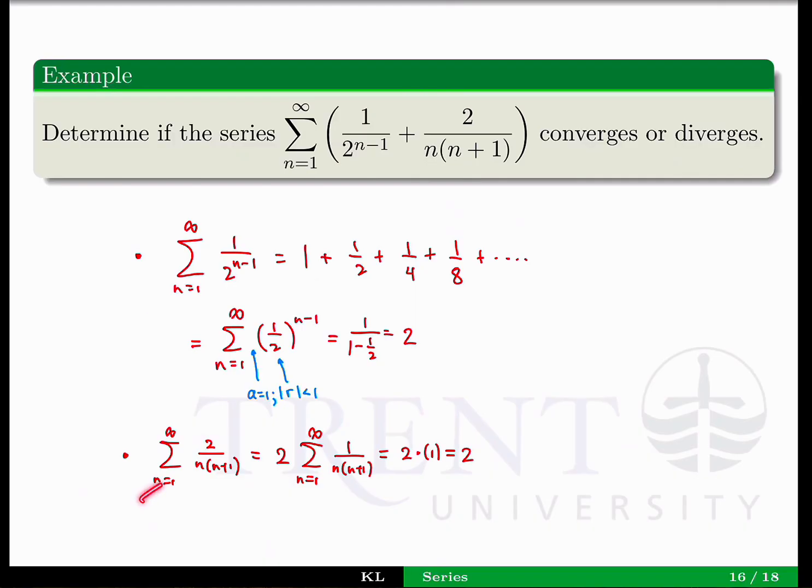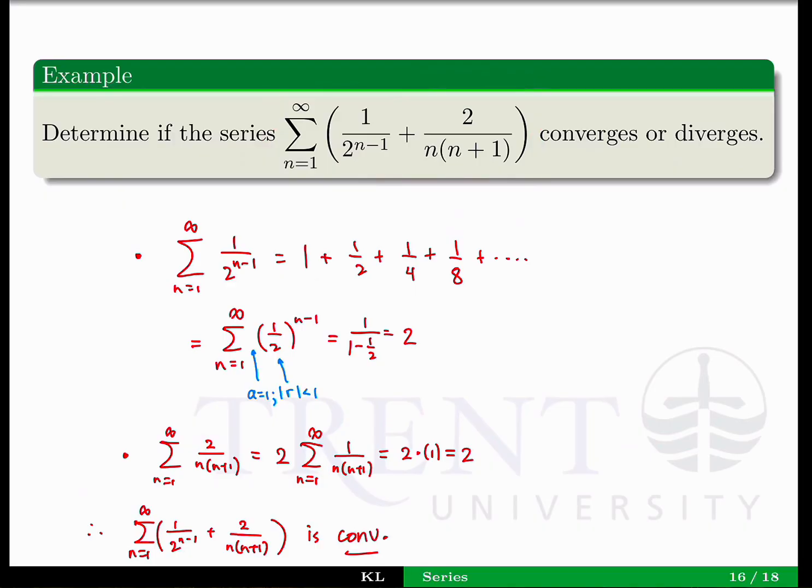Both series are convergent. We are just adding the two terms of these two series. So we can find the sum of these two series. Therefore, the sum of 1 over 2 to the n minus 1 plus 2 over n times n plus 1, from 1 up to plus infinity, is convergent.